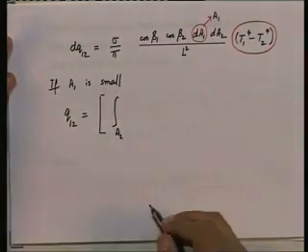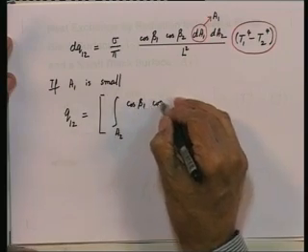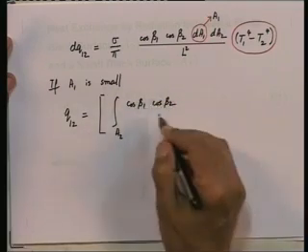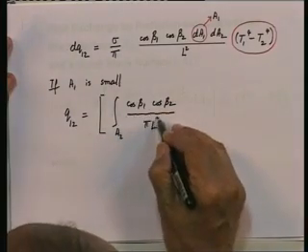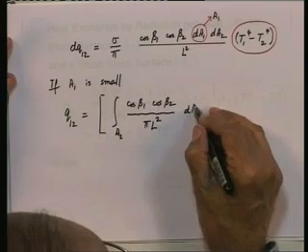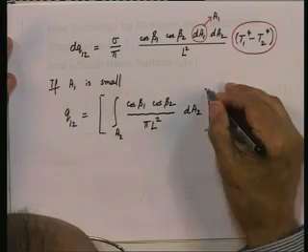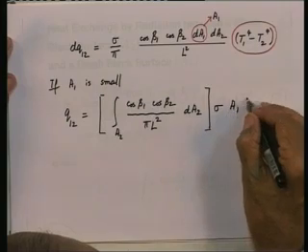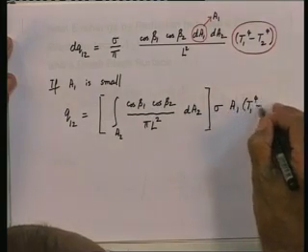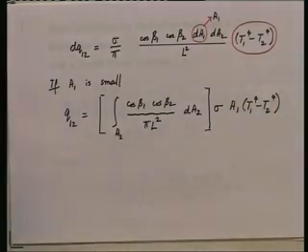I have to perform only an integral over A2 of cosine beta 1 cosine beta 2 divided by pi L squared dA2, the whole thing multiplied by sigma A1 (T1 to the power of 4 minus T2 to the power of 4). That is what we will get as the expression for Q12.